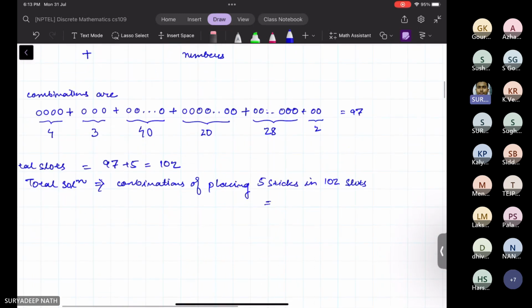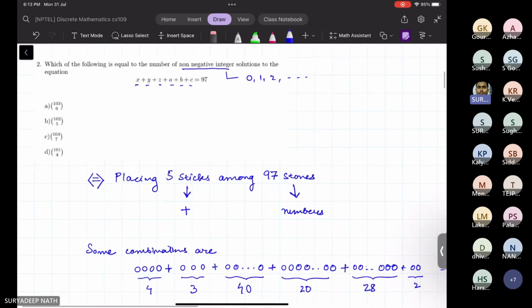That is 102 choose 5. So the correct answer is option B.